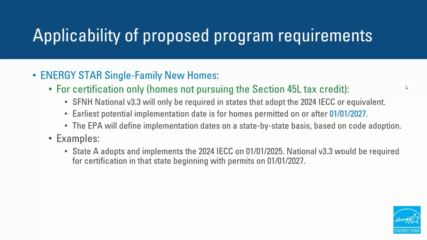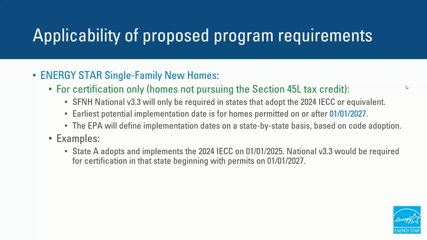Okay, so for that scenario, single family new homes national version 3.3 is only going to be required in states that adopt the 2024 IECC or an equally stringent code. So what we'll do at EPA is evaluate those state codes state by state as they're adopted. We'll see if they're as stringent as the 2024 IECC, and if they are, we'll flip the switch and say this state has to start using 3.3 just for certification purposes.